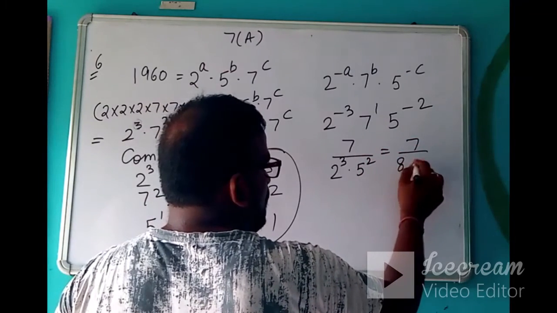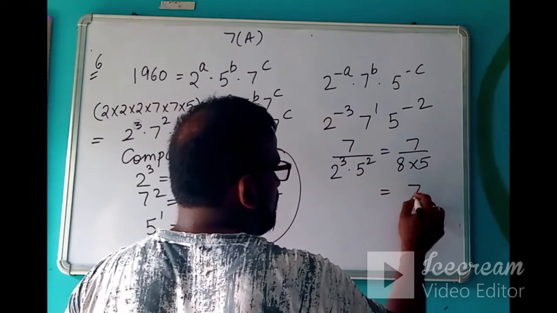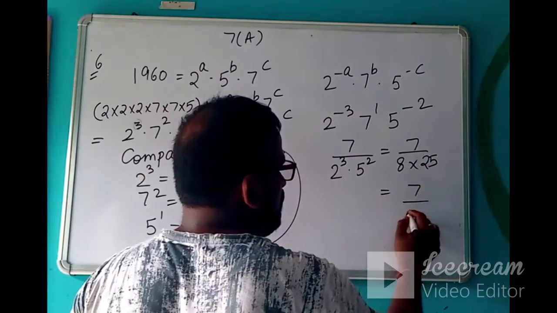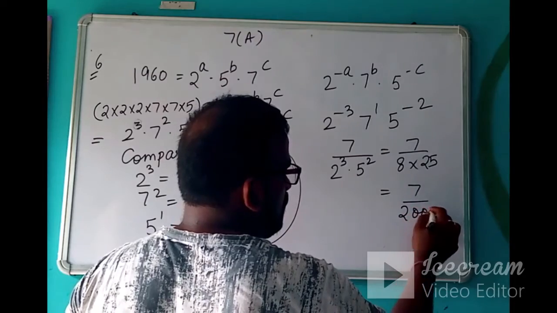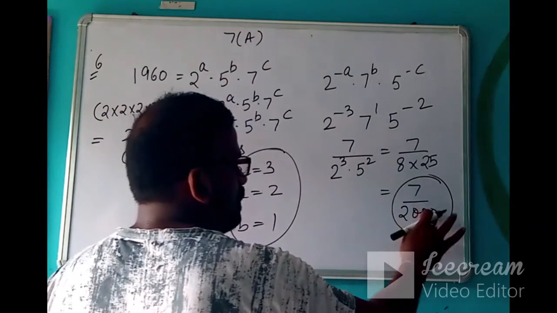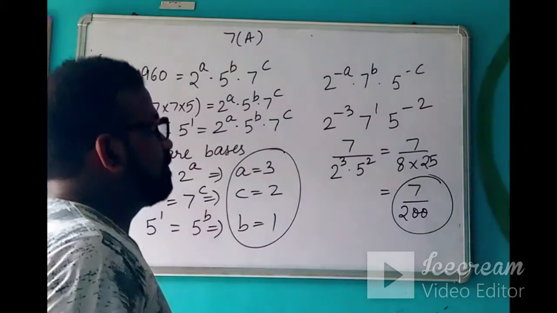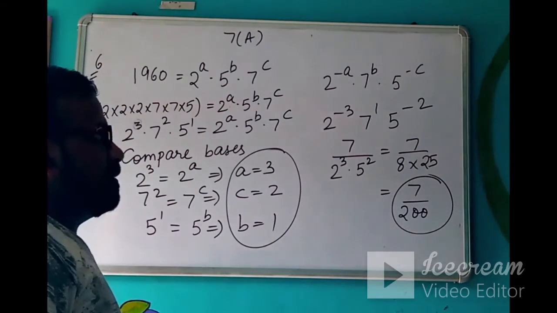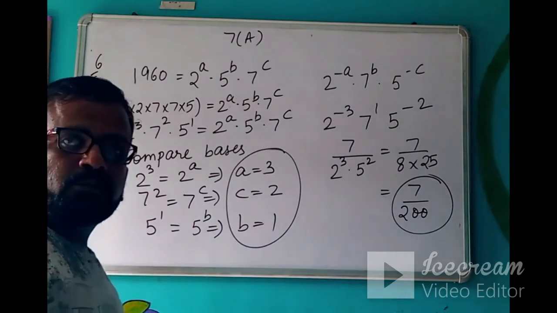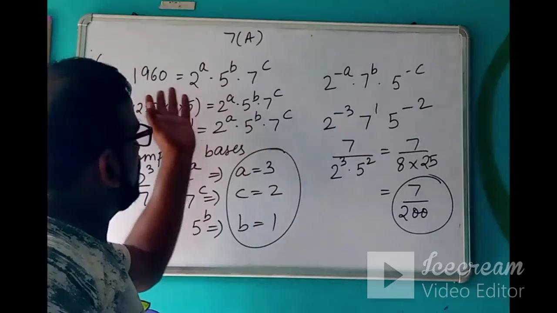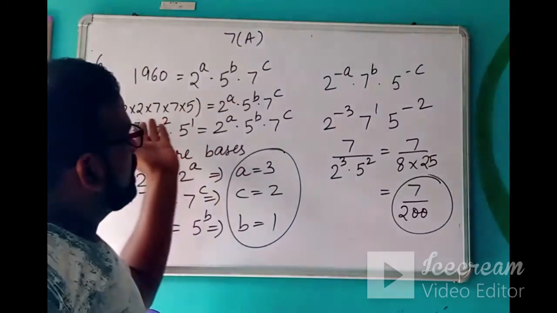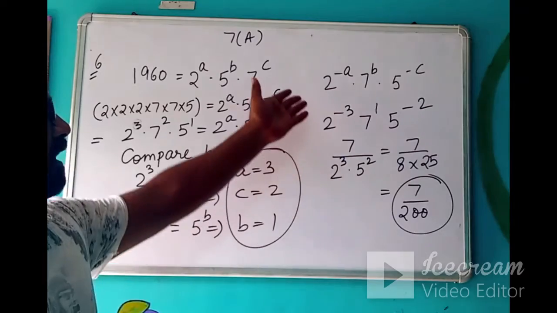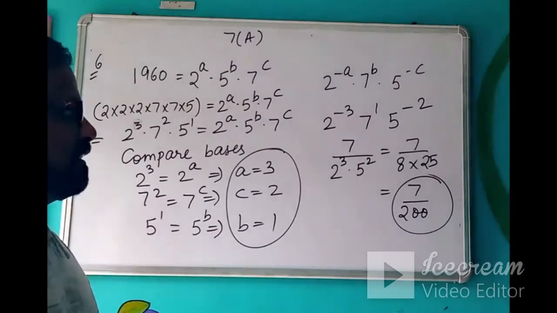So it will give me 8 into 25, and my answer is 7 upon 200. So this is how you can solve questions like this. Just prime factorize, convert it into the powers of prime factors, then compare their powers and put the respective values to get the answer.